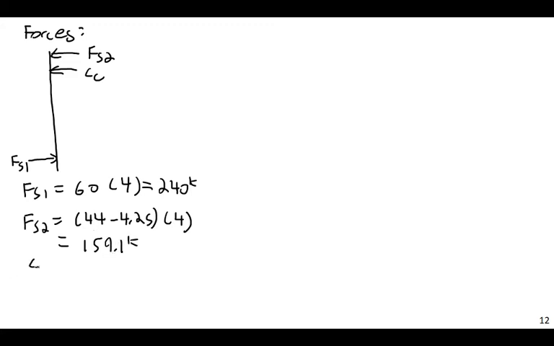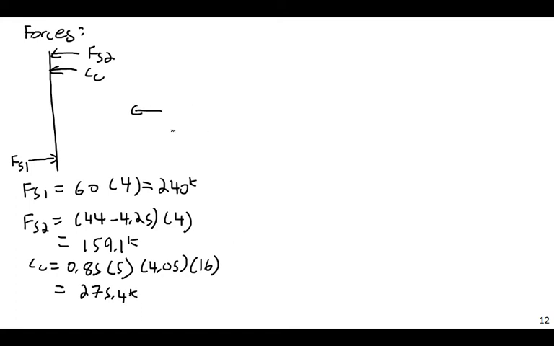And CC, the compressive force of the concrete, is going to be 0.85 times 5 times my depth of Whitney stress block of 4.05 inches, times a width of 16 inches, and that comes to 275.4 kips. And all of this must come together to produce the Pn and the Mn, the nominal axial capacity and the nominal moment capacity. Now finally, let me apply equilibrium.